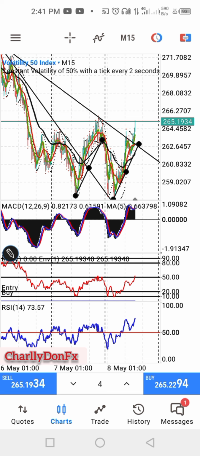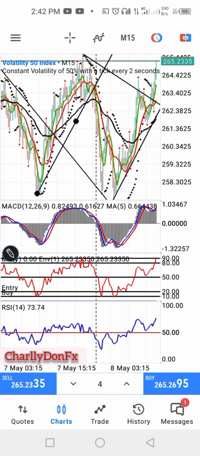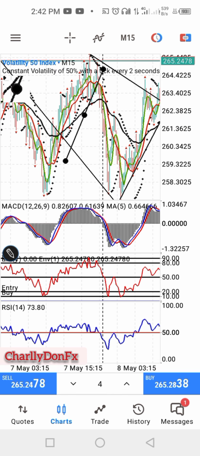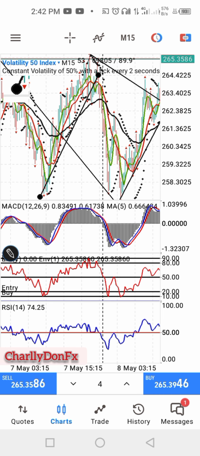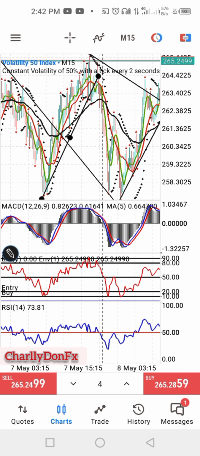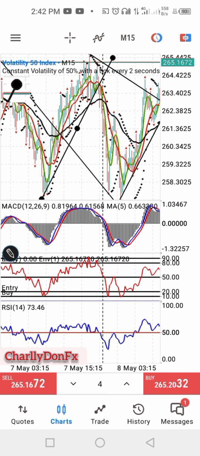Can you see what's happening in the market, guys? Now we'll make our trend line from here to here. We have taken our TP while we continue our education concerning trend line analysis. After plotting this trend line, I will explain to you guys more on how this trend line analysis works.